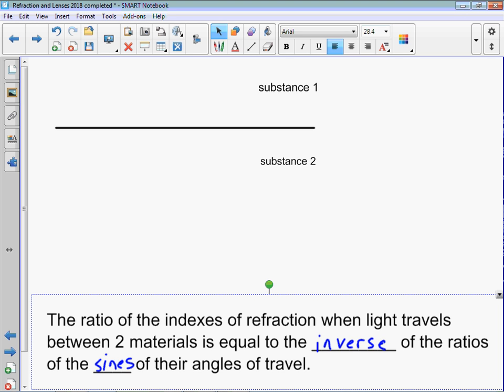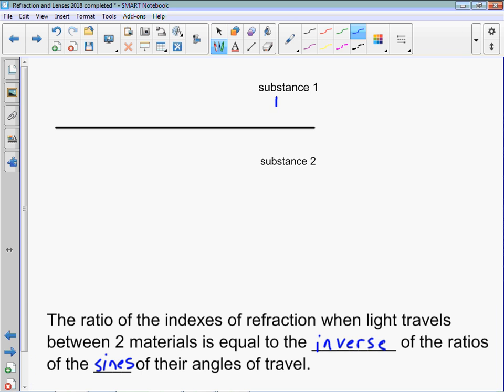So let's look at what this says. So we have a light ray traveling from one substance, which has a specific index of refraction. We'll call it n with the subscript 1. Again, if you're using computers, if you're using Google Docs or whatever, learn how to use the subscripts. You'll need them. And this substance here, we'll call that n2.